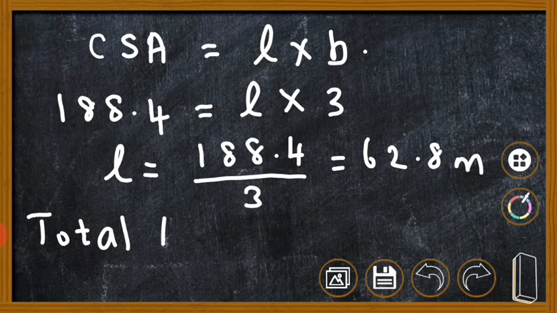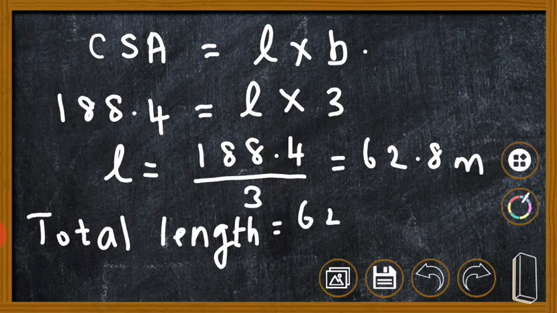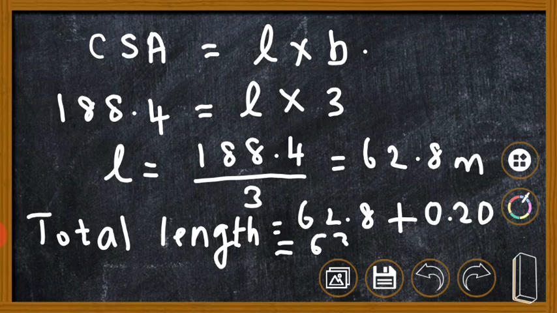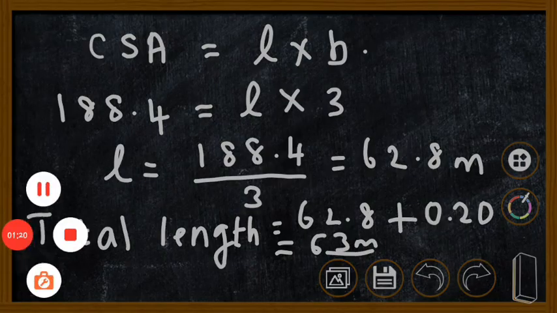So the total length, you should add that 20 centimeter also to this. So 62.8 plus 20 centimeter, meaning if you convert into meter it becomes 0.20 meter. So what is the total length? It is equal to 63 meter. So this is the answer.